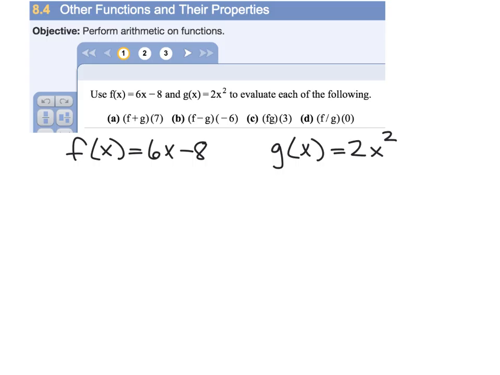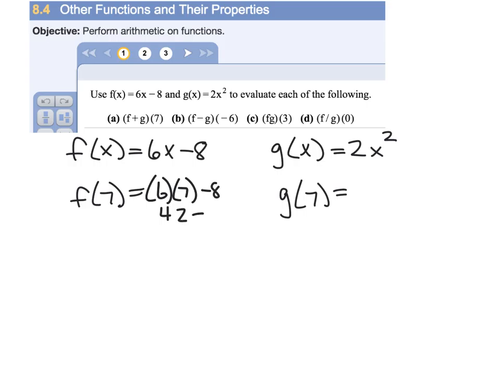So now, if you're going to find out what f plus g of 7 is, you're going to find f of 7, and then you're going to find g of 7. That's a fancy way of saying you're going to replace the x with the 7 that they're telling you. So this becomes 6 times 7 minus 8.